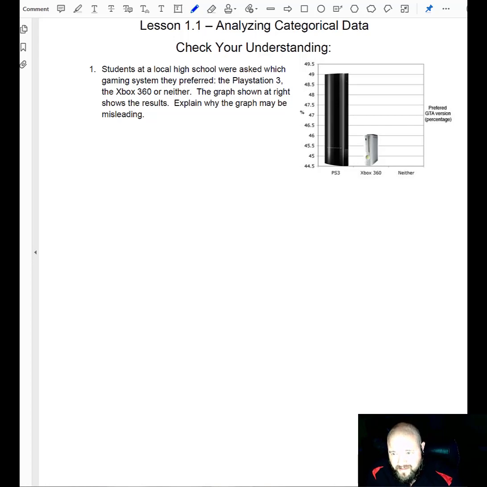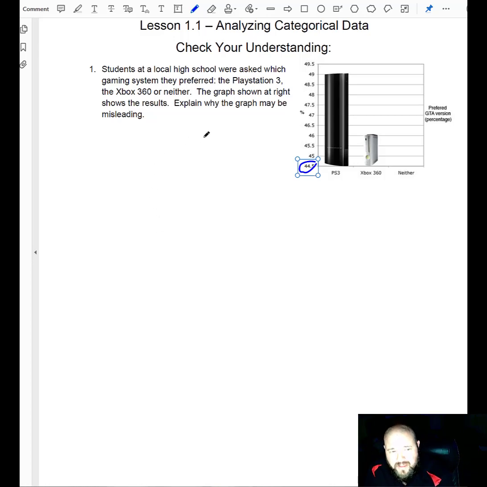Looking at this, the big key thing to me is where it's starting. What is this value right here? 44.5. I would want that to be at 0, otherwise it doesn't really show a true difference.